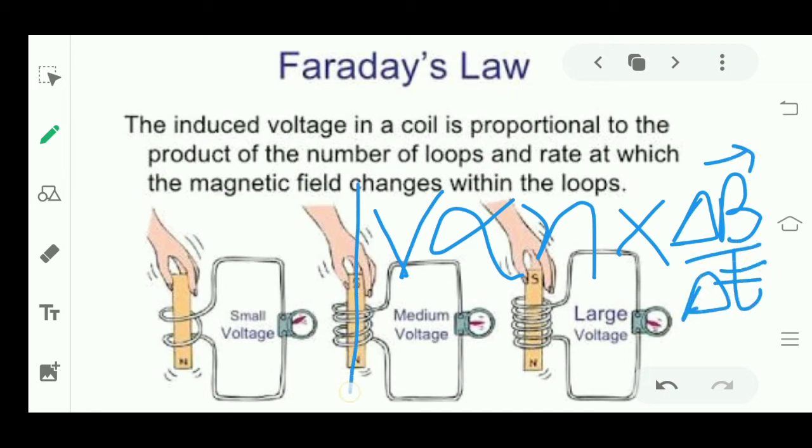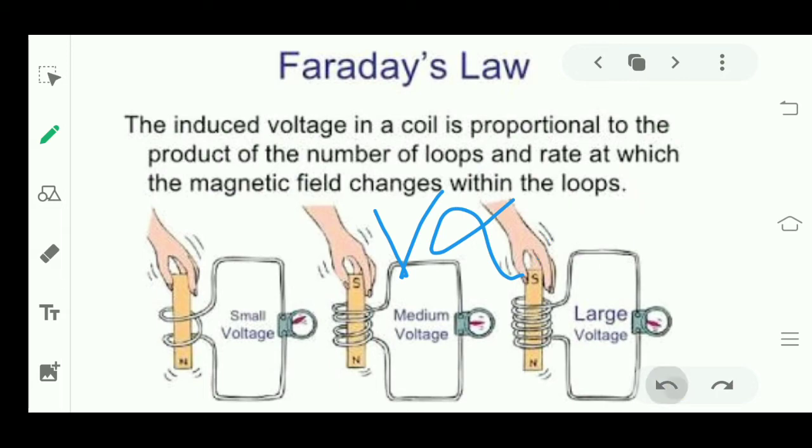This law is stated by Faraday: if we want to change the value of the induced EMF, we can increase or decrease the number of turns in the coil, or we can change the magnetic field. This was said by Faraday's law.